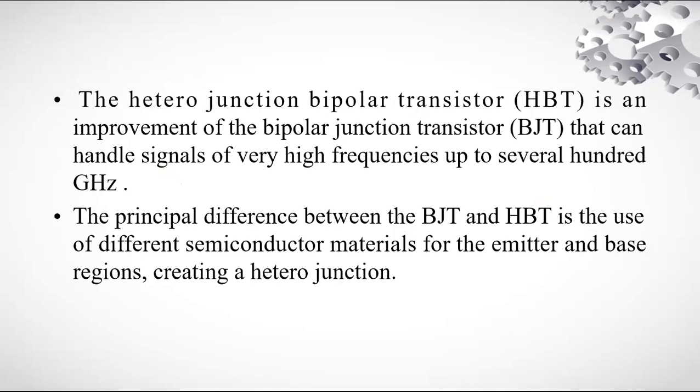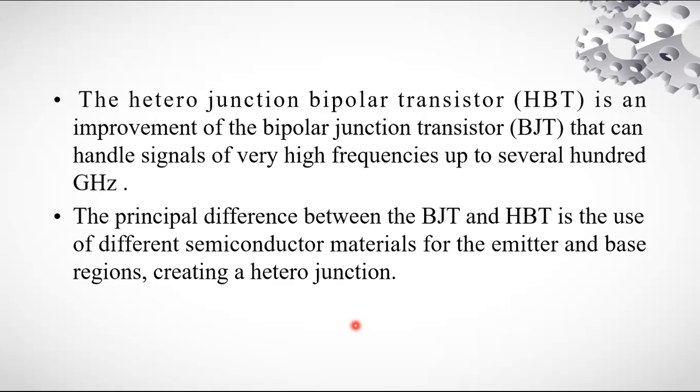Now, what is the main difference? The main difference between a BJT and HBT is the use of different semiconductors for emitter and base region in order to create a heterojunction. So in a conventional BJT or homojunction BJT, we use the same type of materials at the emitter and base region, but in a heterojunction BJT, we use different semiconductor materials.